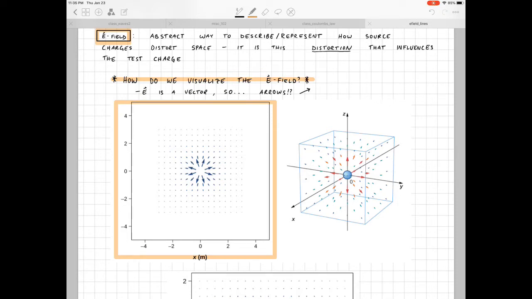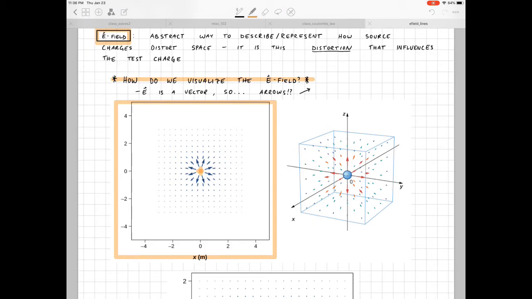And so if you remember back to the video on the electric field, vectors will point away from a positive charge or towards a negative charge. And so what that means is that here in the center, we must have a positive charge because those field vectors are pointing away from that center point.